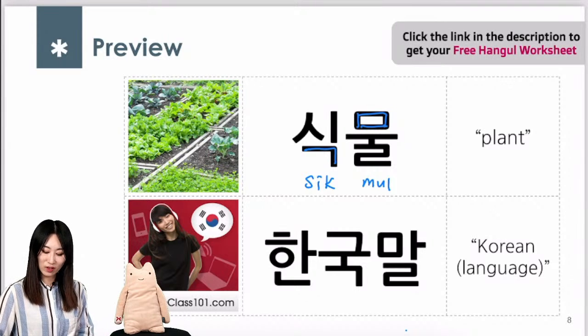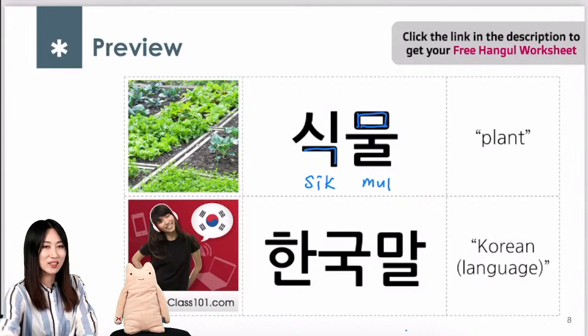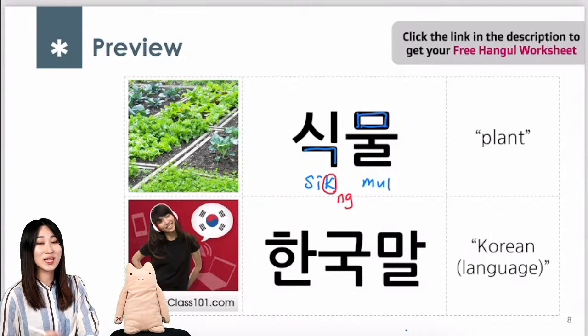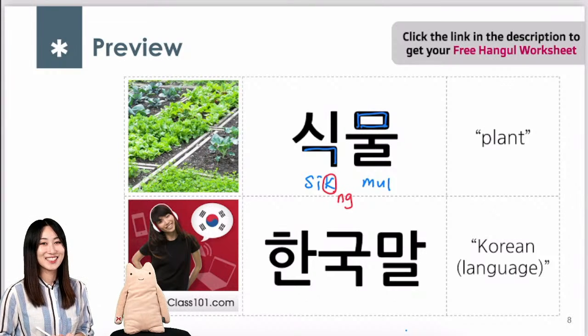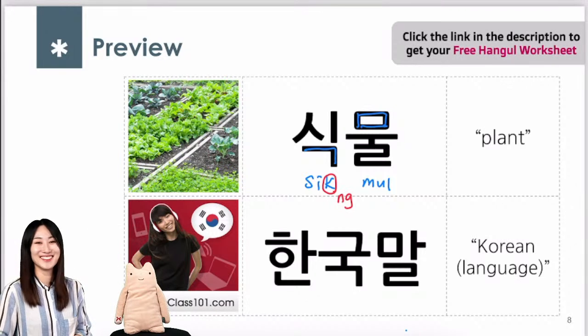Korean people love making pronunciation easy. Air blocking sounds and nasal sounds don't go very well together because it's difficult. So this becomes the nasal version, ng, like 식물. Good? 식물 means plant. I love green and plants.